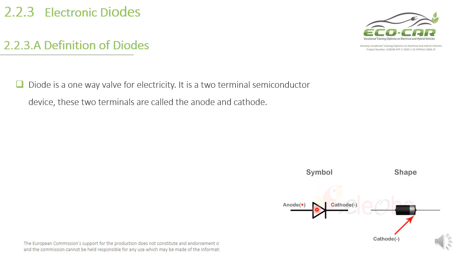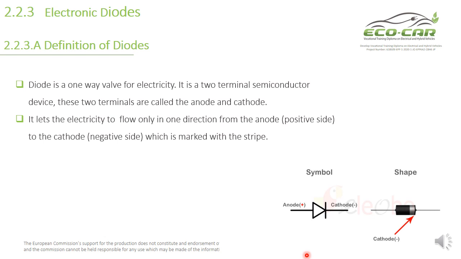See, this is the symbol of the diode with two terminals, and this is the shape also. This is the positive side, called the anode, and this is the negative side, called the cathode. For the black diode, we have a white area here. This indicates the cathode, or the negative part of the diode.